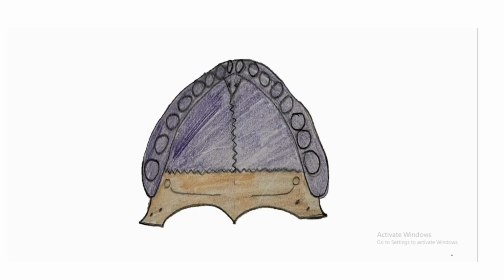Coming to other structures which are present in norma basalis, we'll start with the sutures. There are basically three sutures which form a cruciform structure, or a cross-shaped structure, in the hard palate. First suture is present between the two palatine processes of maxillary bone. This is called the intermaxillary suture.